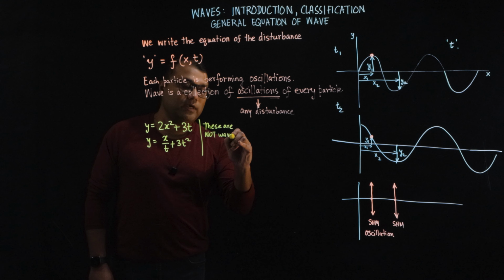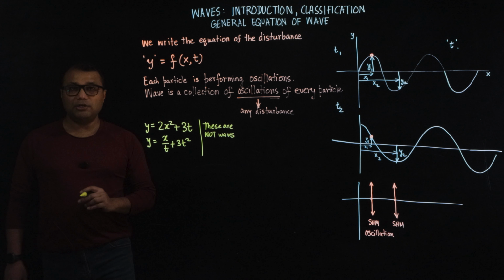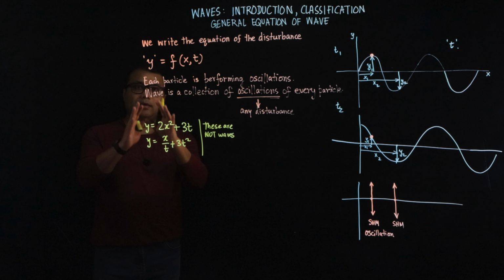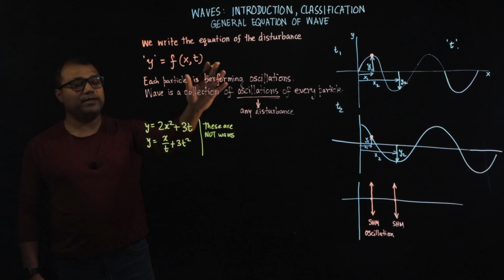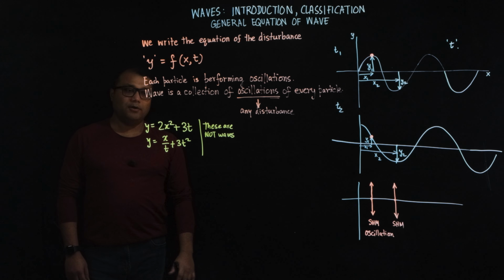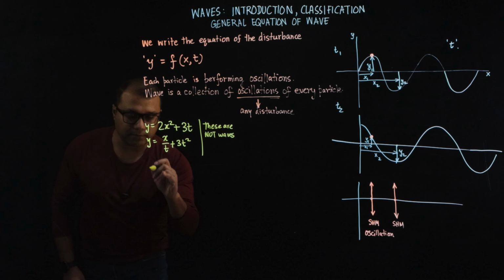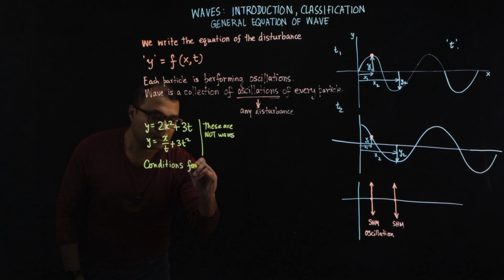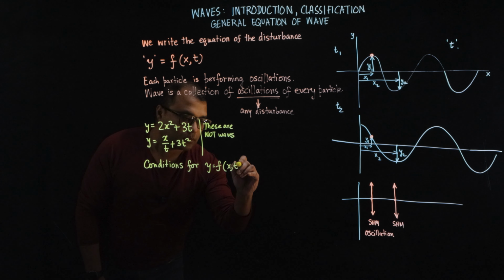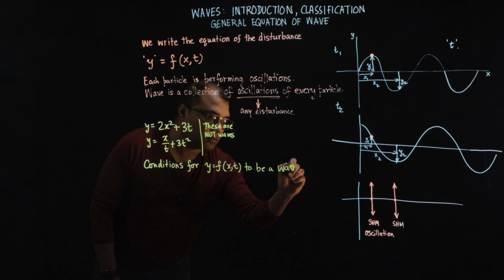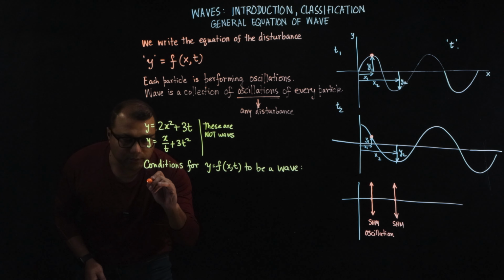Why? Because we have to satisfy certain conditions for an equation, for a function of x and t to be a wave. What are those conditions? Let me write them here. The conditions are, there are two conditions.